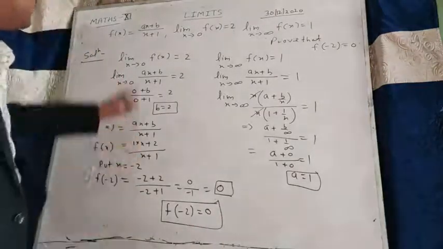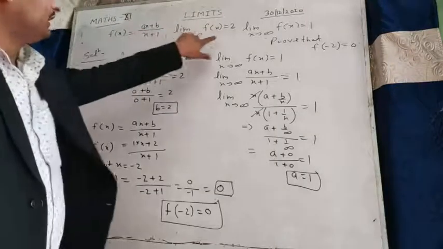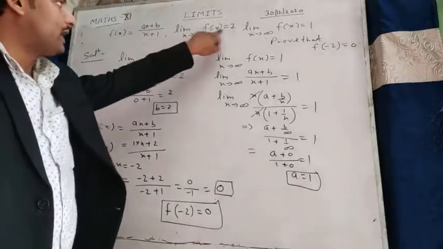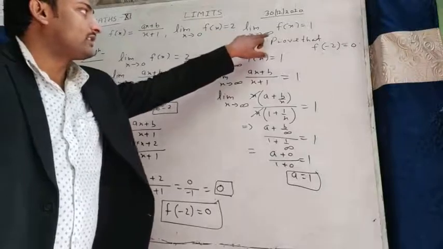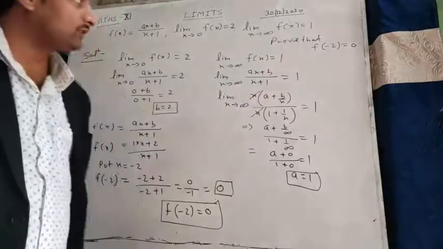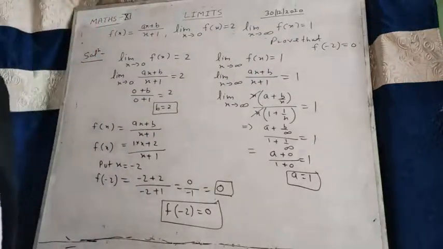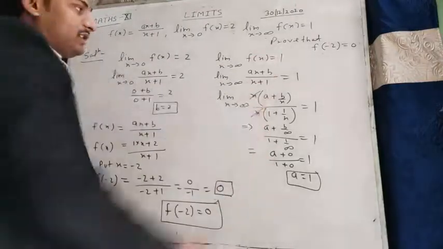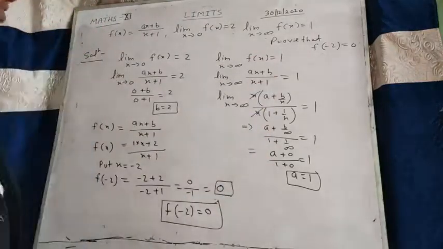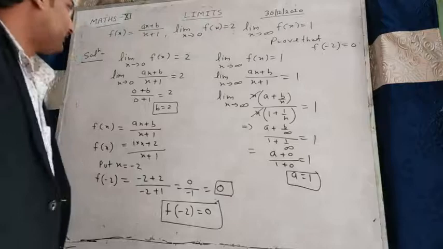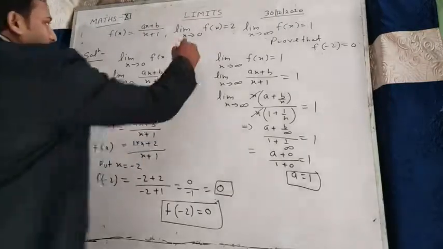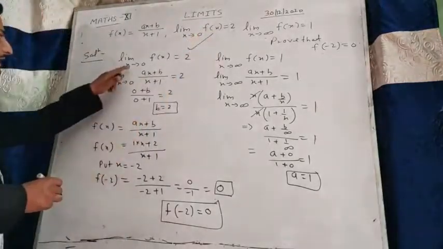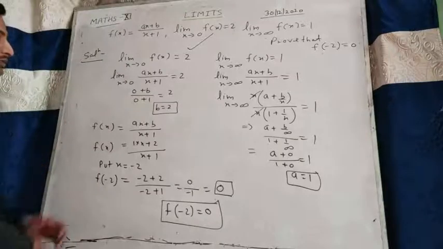First of all, we are given this f(x), limit x tends to 0, f(x) is 2, limit x tends to infinity, f(x) is 1, and then we have to prove that f(-2) is equal to 0. Okay student, so first of all we are taking this limit, which is limit x tends to 0, f(x) is 2.